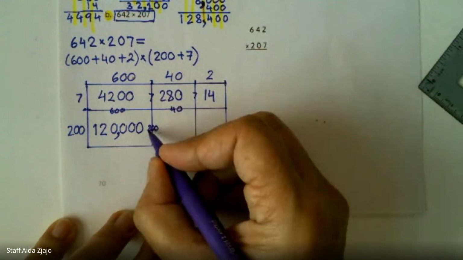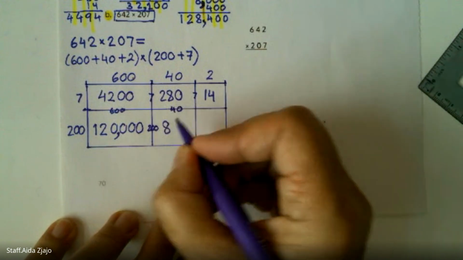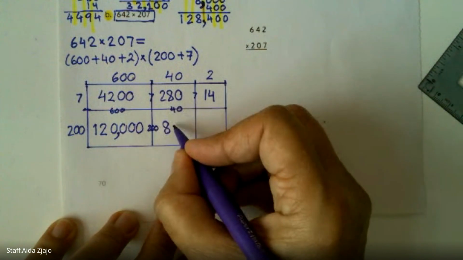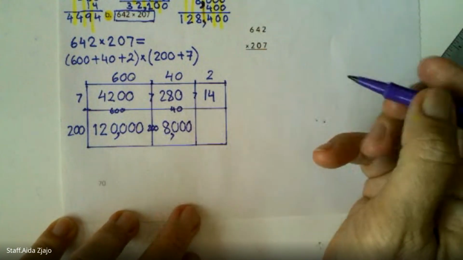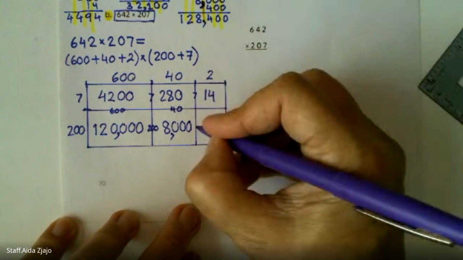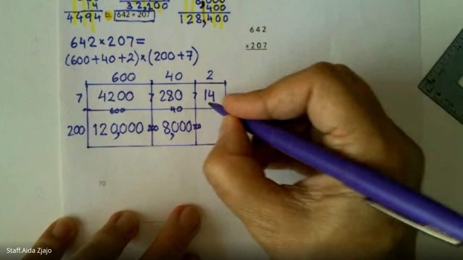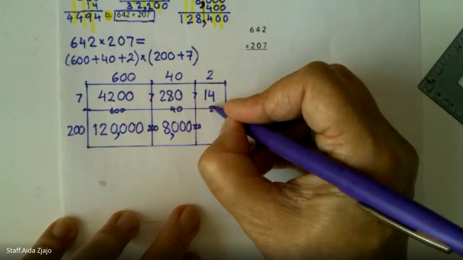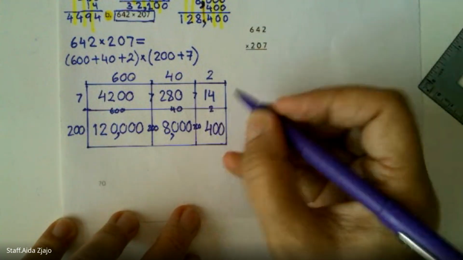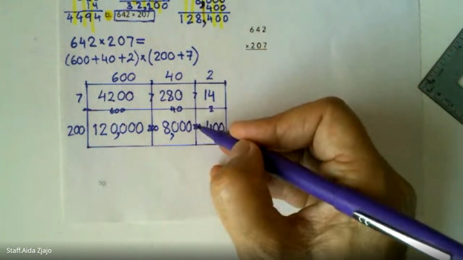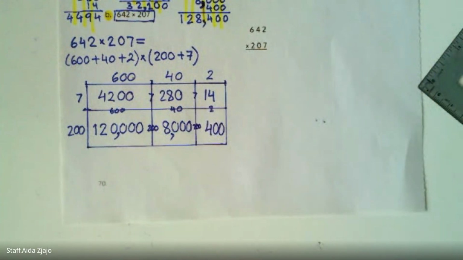So I will have 2 times 4 is 8, and then 1, 2, 3 zeros. So that is 8,000. And then this is also 200, and that is only 2. So 2 times 200 is 400. 2 times 2 is 4, add 2 zeros, and that is 400.